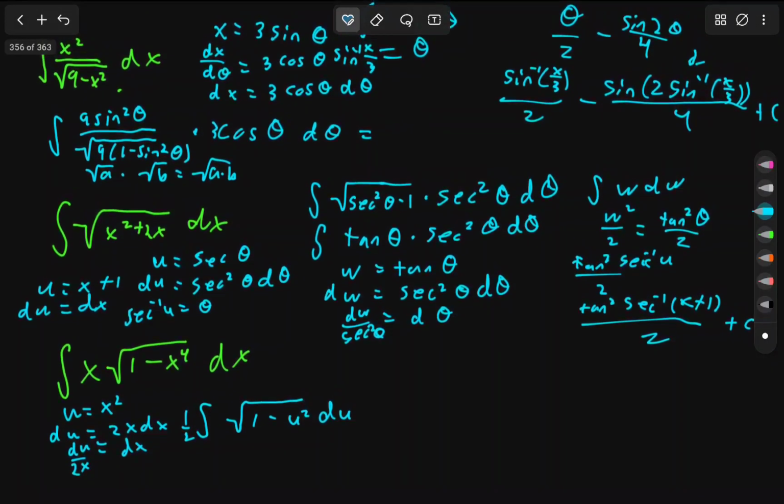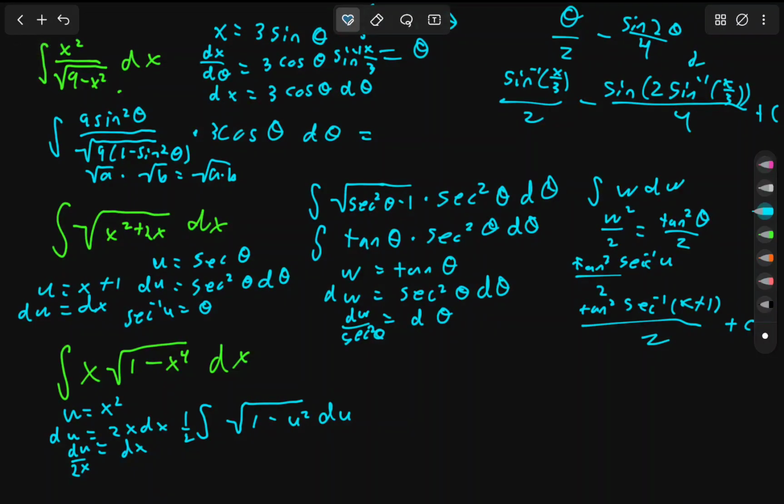This is an integral you want to use sine for, because we have 1 minus our variable. So, we are going to just say, sorry, not our x, our u is equal to sine of theta.